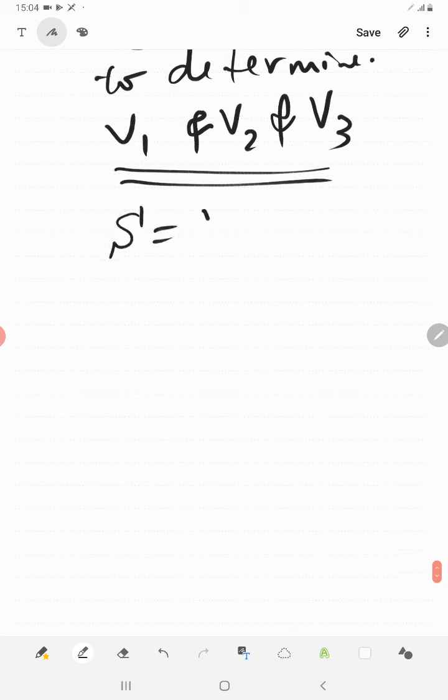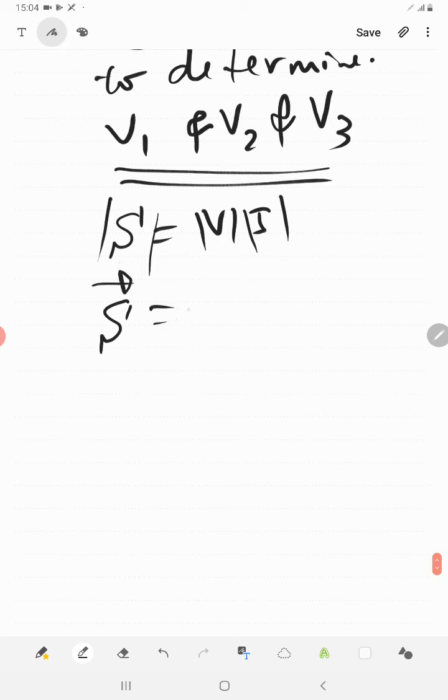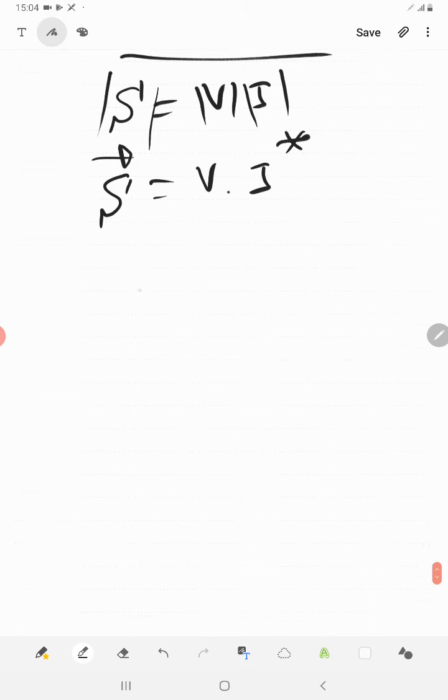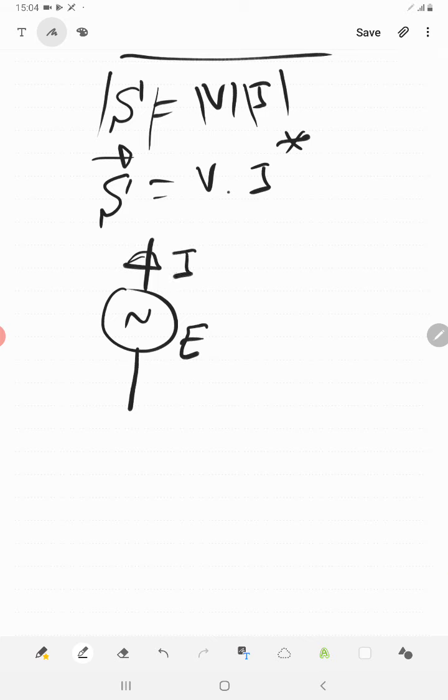S equals V I absolute, okay? S as a vector is V I conjugate as a vector. It's important to understand that if this is a voltage source, say E, and it supplies I, what is S here?